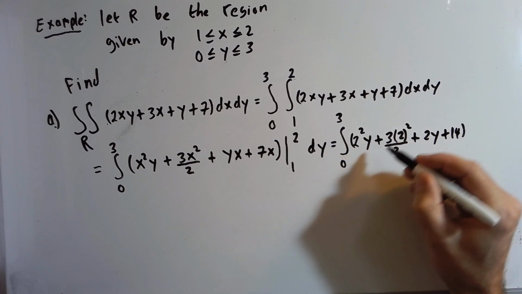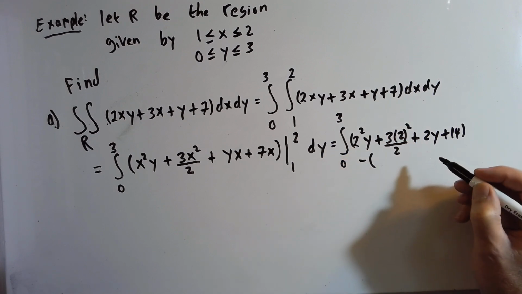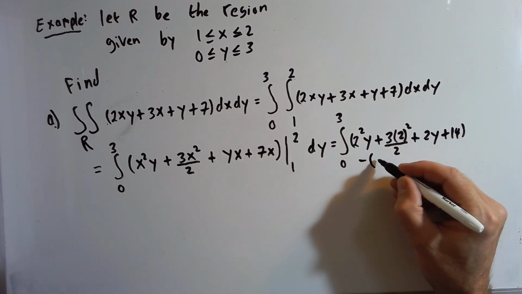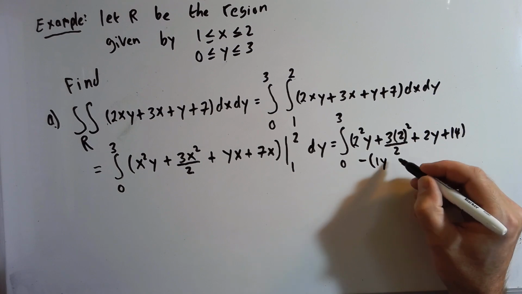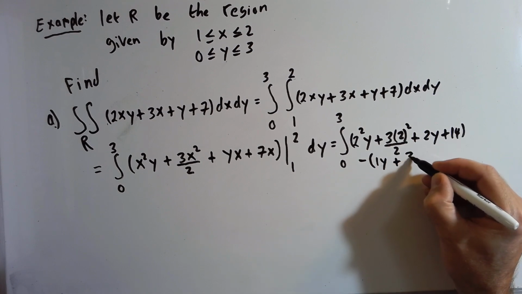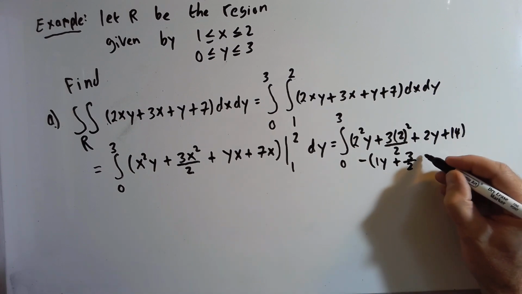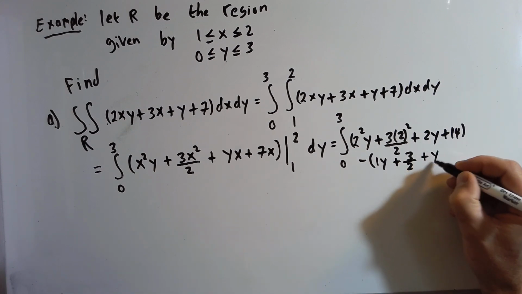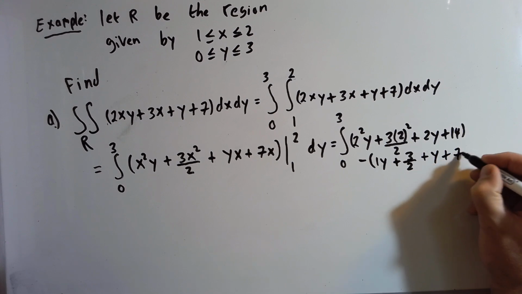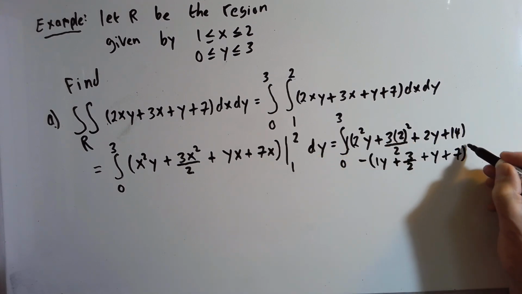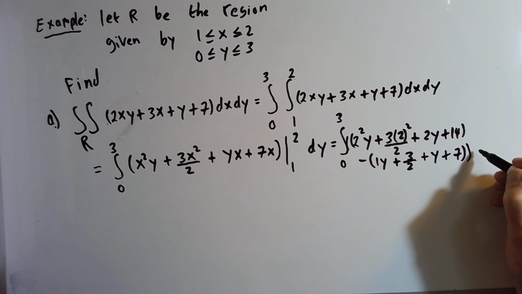And from that, we're going to subtract. Putting 1 in place of x, it'd be 1y plus 3 halves plus y plus 7. This will be all times my dy still.